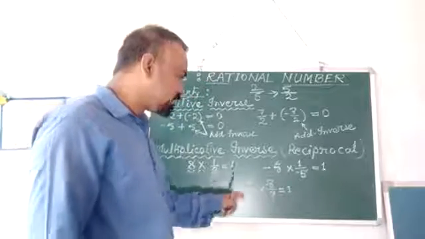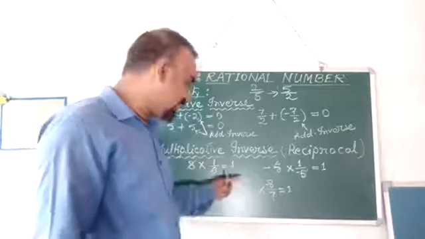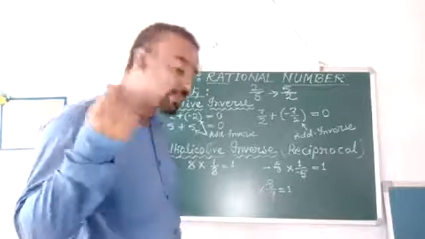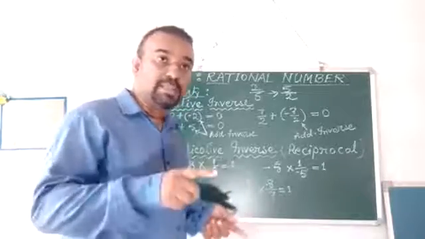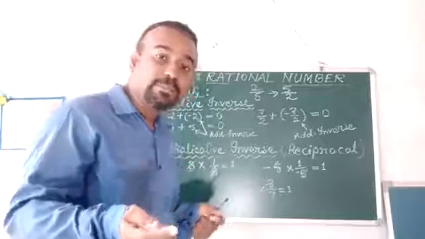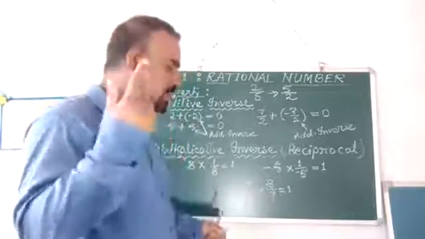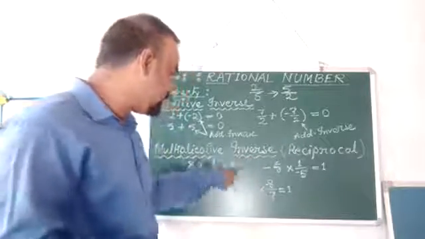For the third example, I have taken a rational number, minus 7 by 8. What do I have to multiply to make the result 1? As we know, we have to find the reciprocal, and to find it we just flip the number.